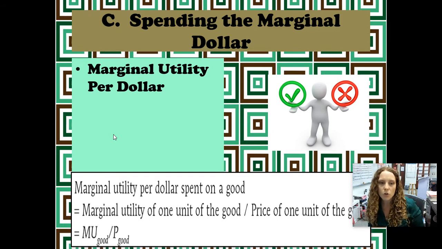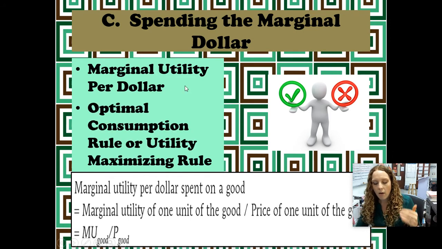Marginal utility per dollar spent on a good is the marginal utility of 1 more unit of the good over the price of that good. So how much additional utility we're going to get as we go to that next unit, divided by the price of that unit.